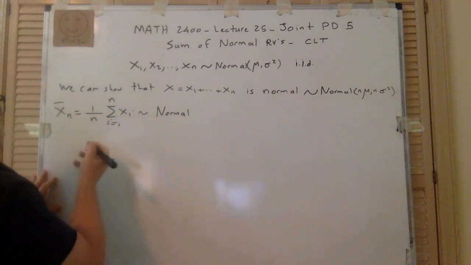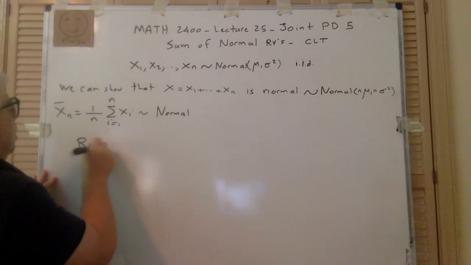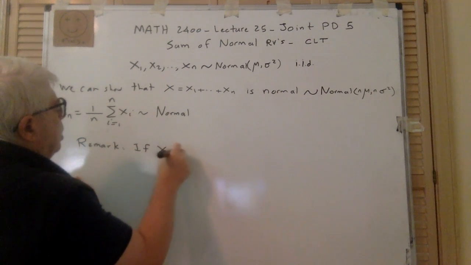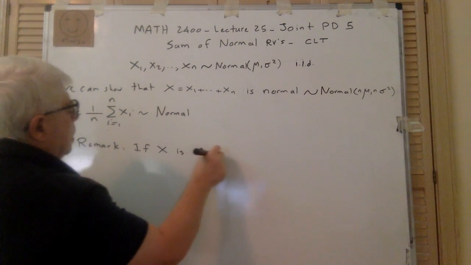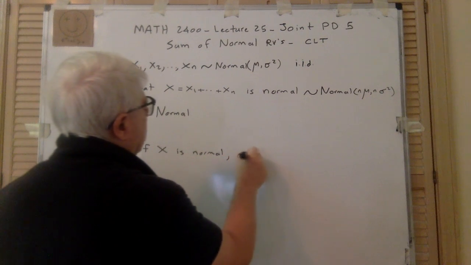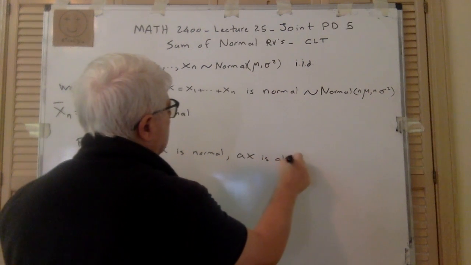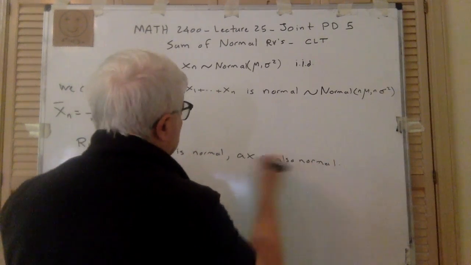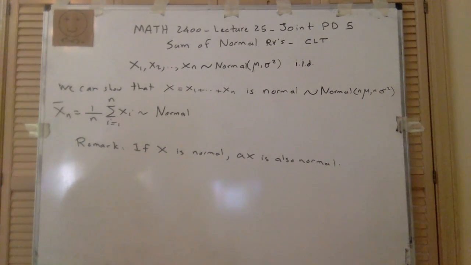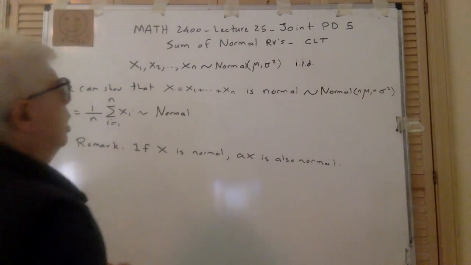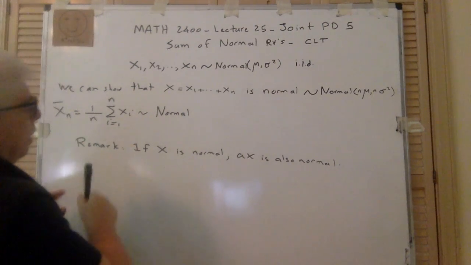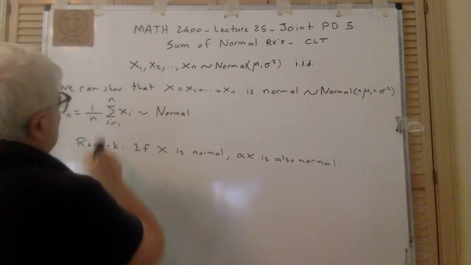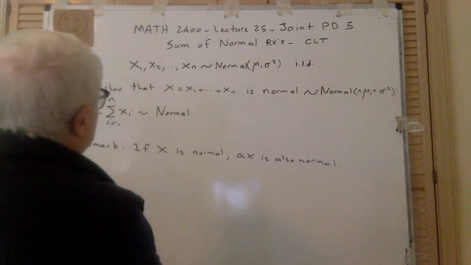So just a remark here: if x is normal, ax is also normal. That's much easier to show, but anyway, if that's normal, this is also normal. This remark helps us to show that this is also normal. Why?